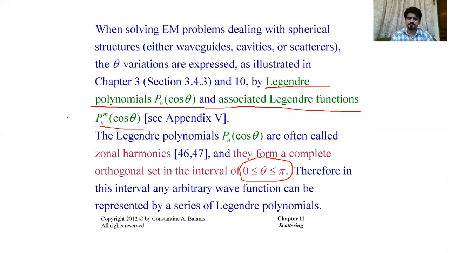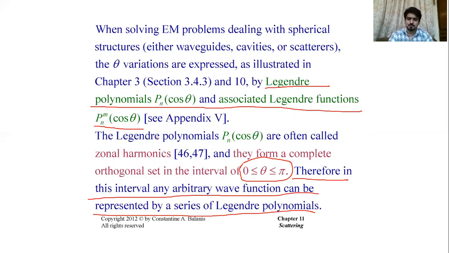Similarly, here in the spherical coordinate system, we can write any function as an infinite summation of these associated Legendre polynomials or associated Legendre functions. Therefore, in this interval, any arbitrary wave function can be represented as a series of Legendre polynomials, that is Pn of cosine theta.